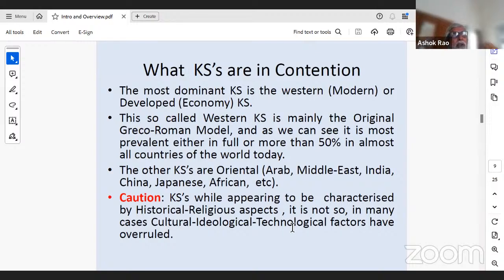For example, Russia suddenly became a communist country after the revolution in 1920. And the entire Greek and Russian Orthodox Church, which was dominating their culture and their practices, simply went into oblivion for 80, 85 years.